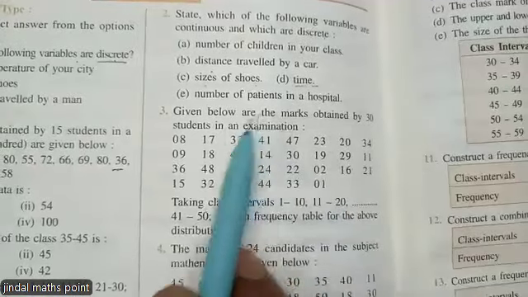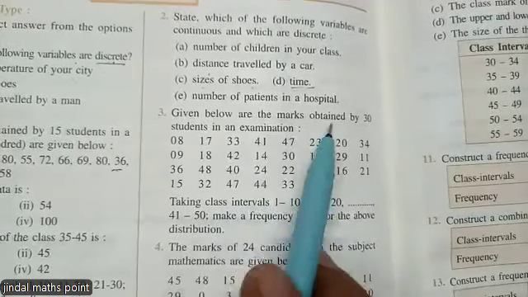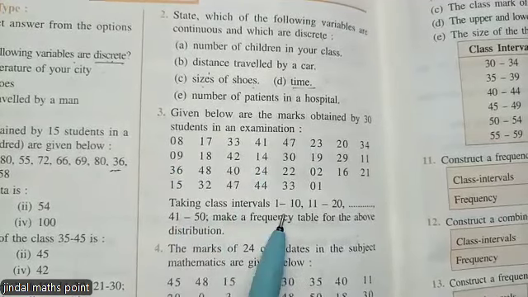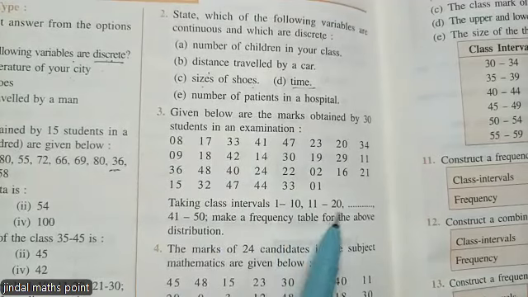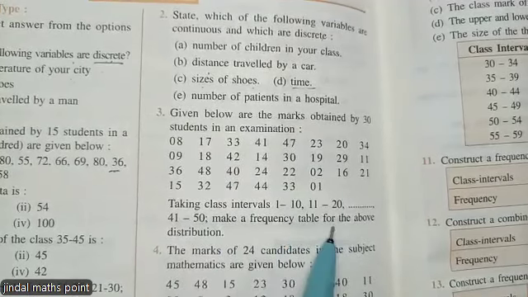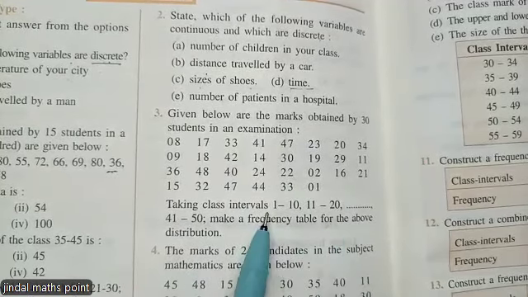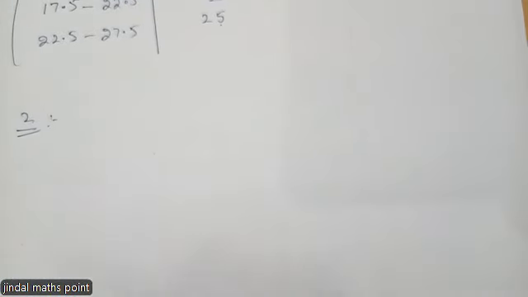Now, given below are the marks obtained by 30 students in an examination. Take the class intervals 1 to 10, 11 to 20, and so on. Make a frequency table for the above distribution. First of all, class intervals.